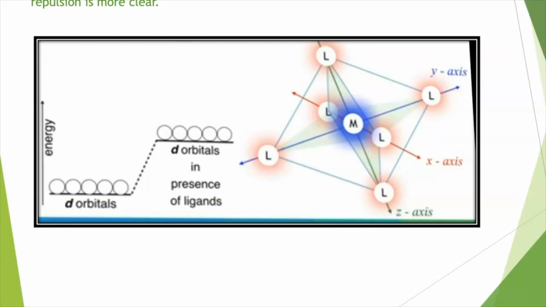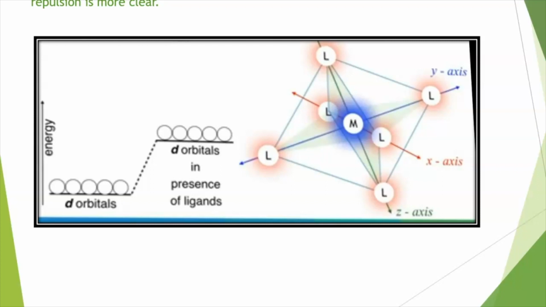When a spherically symmetric field of negative charge is placed around the central metal ion, all the 5 d orbitals will be raised in energy as a result of the repulsion between the negative field and the negative electrons of the metal ion. Although they still remain degenerate, they will have a higher energy than before. This is a hypothetical situation.